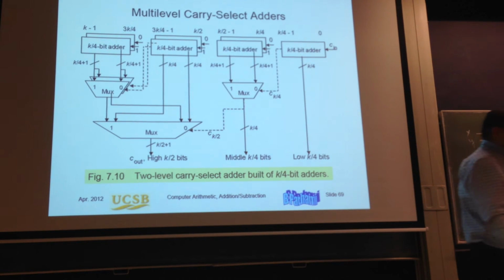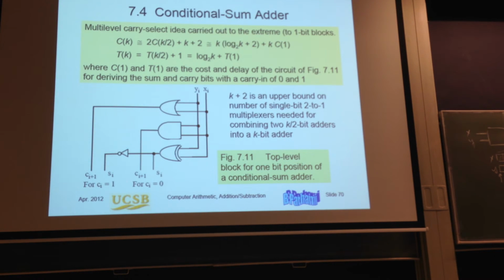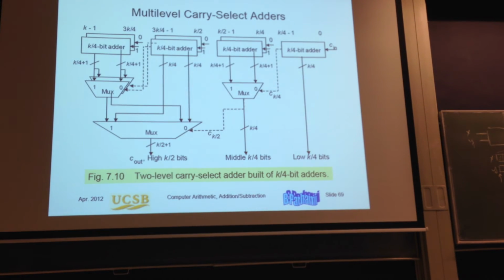There is, however, a scheme which is called conditional sum adder, which is actually pushing the divide et impera down to 1-bit level. Then you do speculation on each bit. Essentially your critical path will be determined by a long string of muxes. You just have speculative addition per bit position and then selections going down.